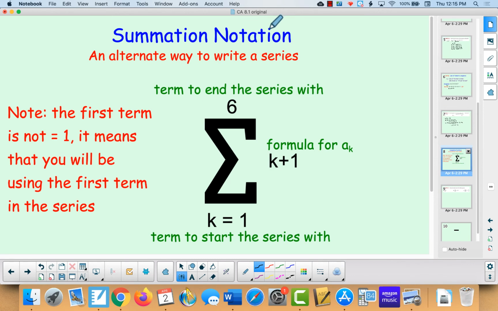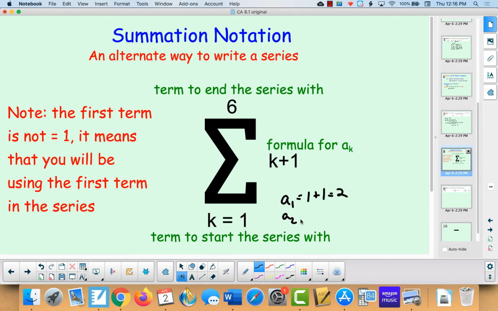This is summation notation, so sometimes you can write a series using this notation. So what it means is, this is the formula for finding each term in the sequence. And then the summation means add all those terms up, just like when we do with the series. So my first term here is going to be plugging in 1 for k. So A sub 1 is 1 plus 1, or 2.